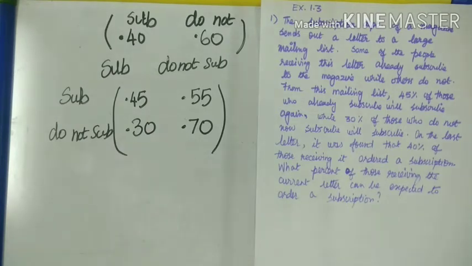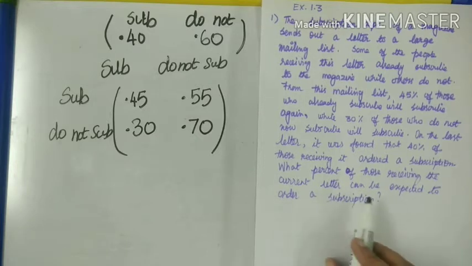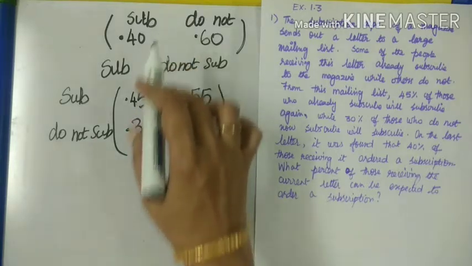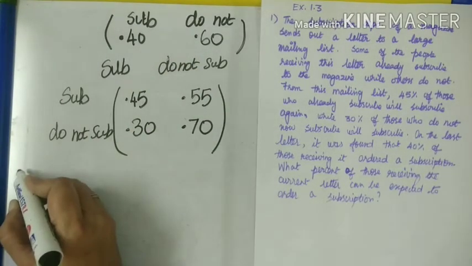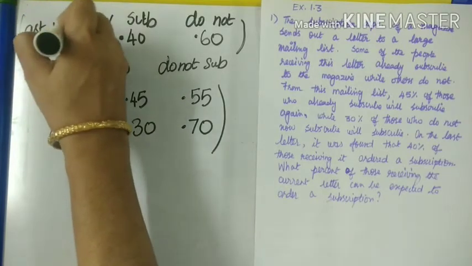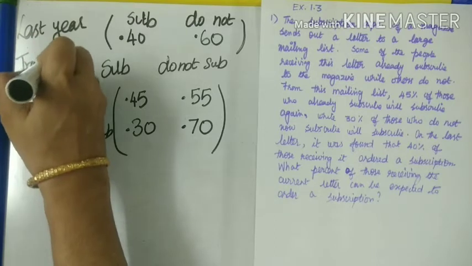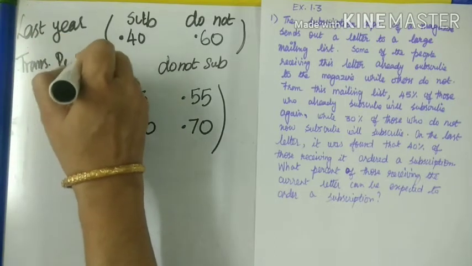And what is my question? What percent of those receiving the current letter can be expected to order a subscription? So let me multiply these two. This is last year, and this I will call the transition probability matrix.